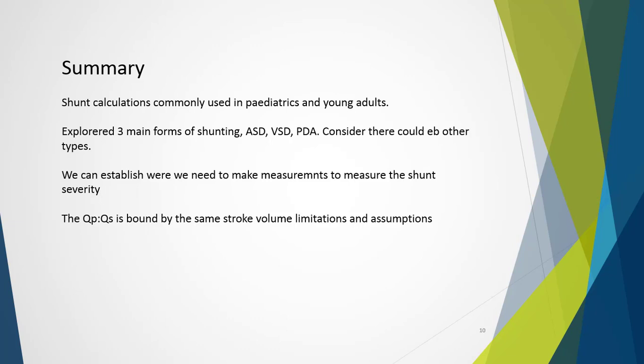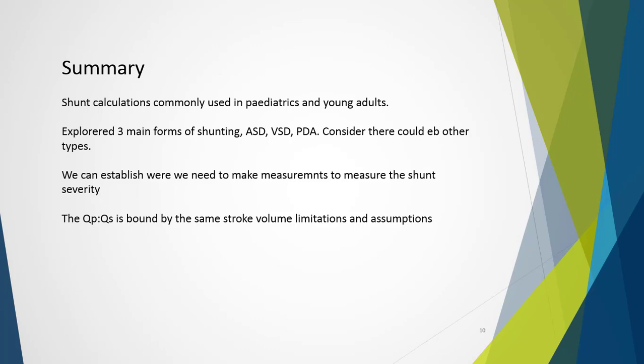VSDs can be further broken down into classifications, which will be covered later in the course. Consider there could be other forms of shunting, such as fistulas, where the aorta could connect to the right atrium. However, these are rare and it's fairly advanced stuff, so we won't actually cover it at this stage.